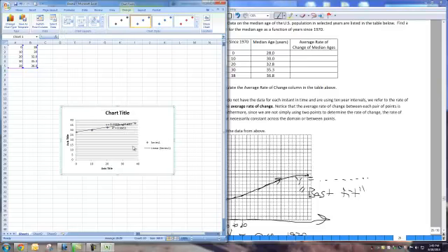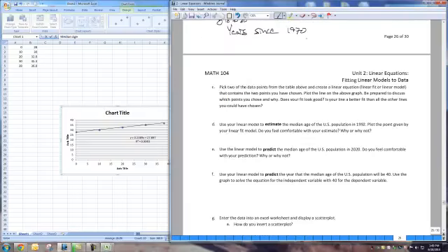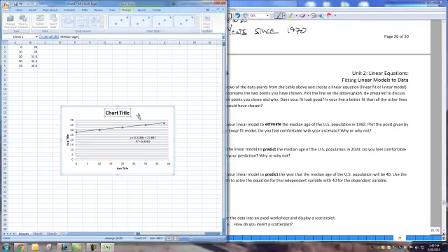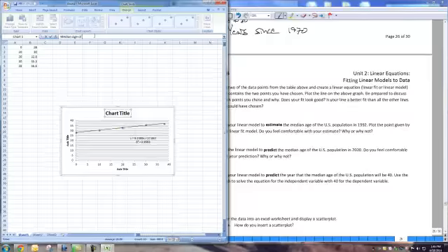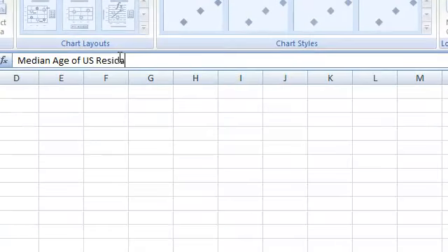What Layout 9 does is it produces our equation of best fit. So let's delete that off. Make sure you always put in axis titles and your chart title. All right, so this one will be median age of U.S. residents.